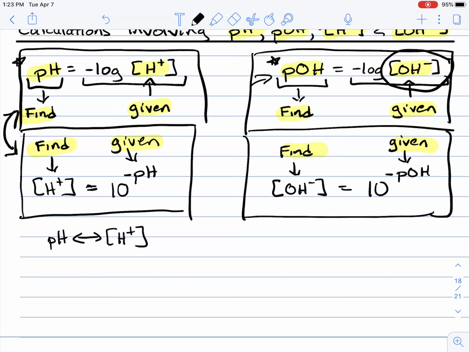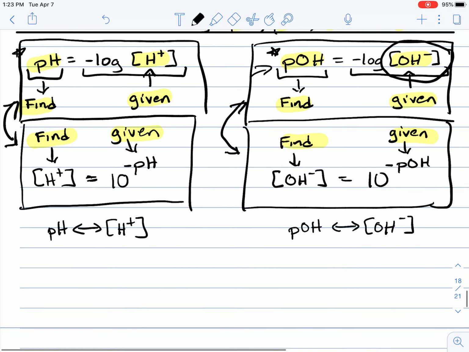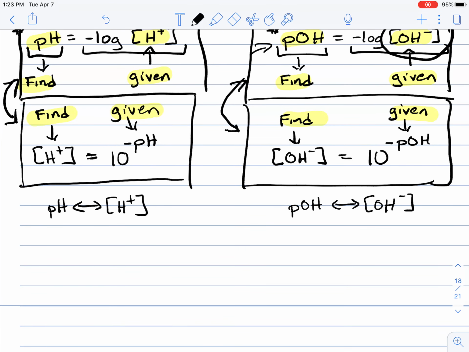And these two equations only allow us to convert from pOH to the concentration of hydroxide ion and vice versa. But what if we're given the pH, and I want to figure out the concentration of hydroxide ion?